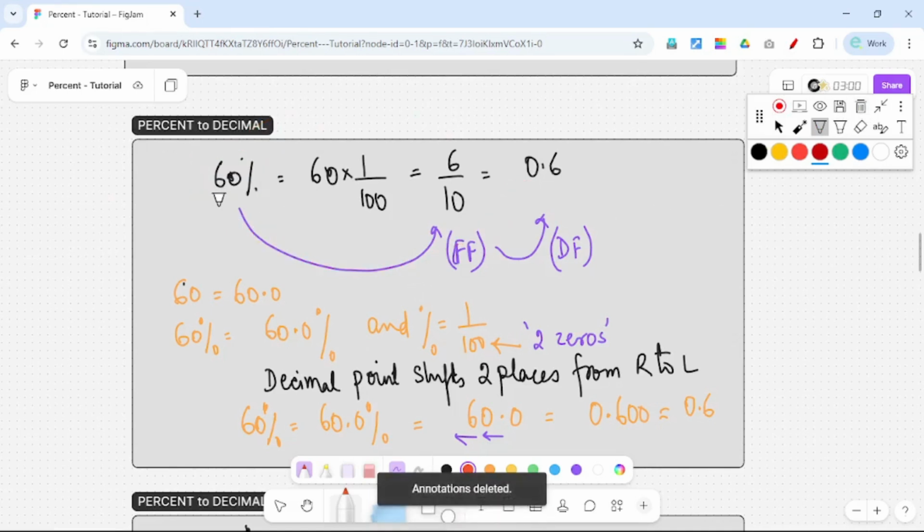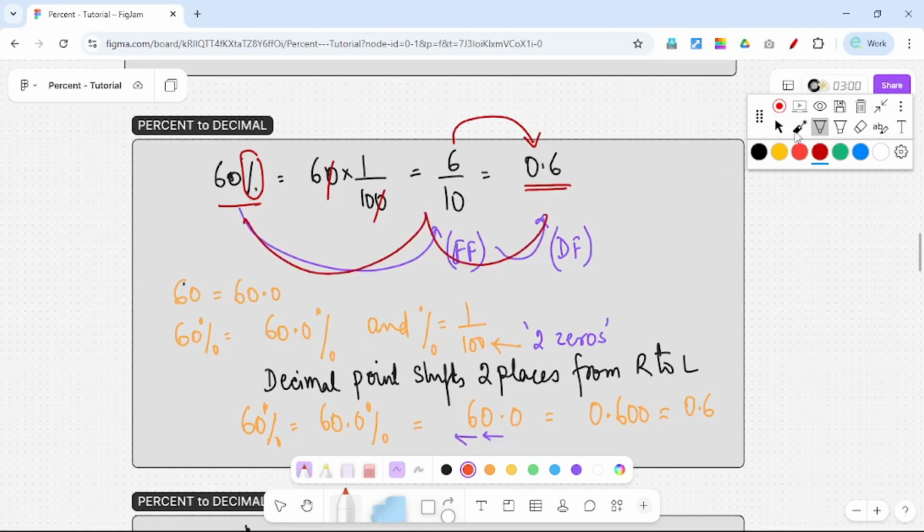For example, 60% is 60 multiplied by 1 upon 100, because percentage is 1 upon 100. If you simplify, this gives you 6 upon 10, and if you convert into a decimal number, it becomes 0.6. So this is a two-step method.